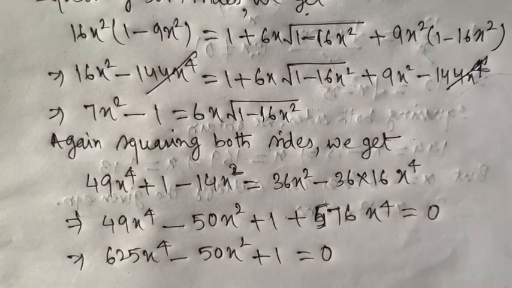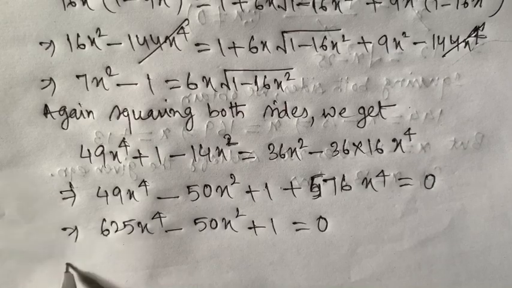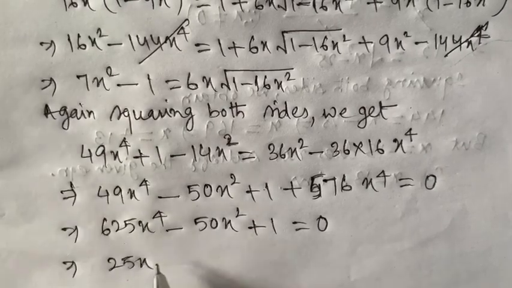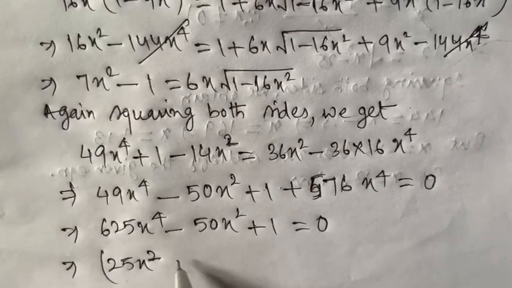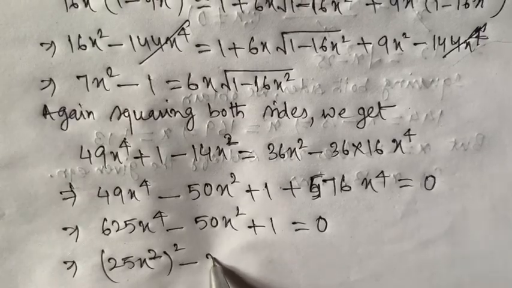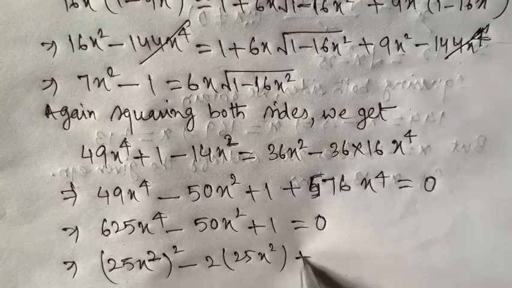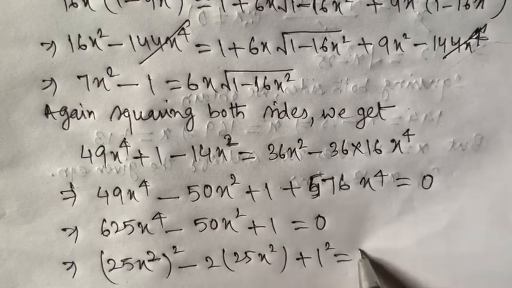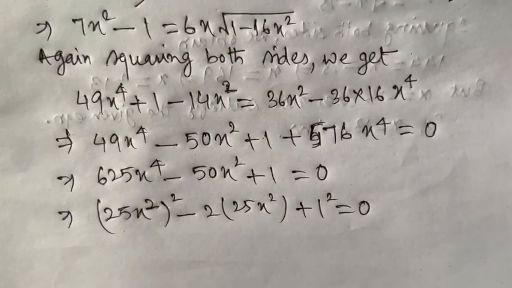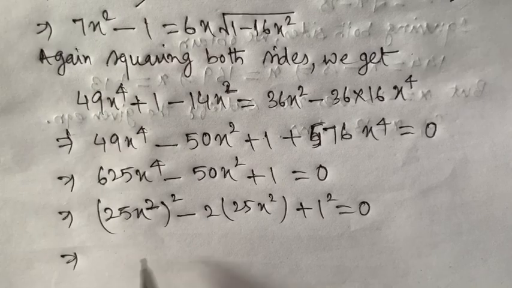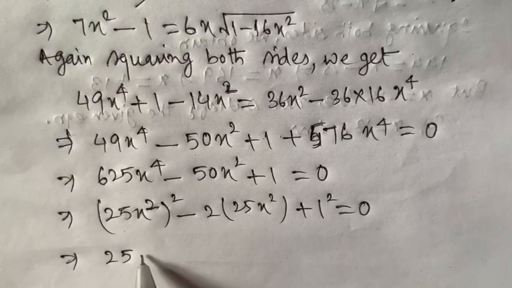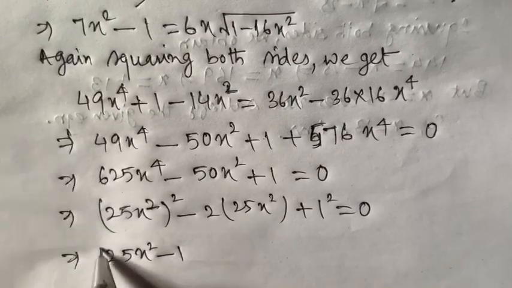It is 25x square whole square minus 2 into 25x square plus 1 square. Now it is reduced to the formula a square minus 2ab plus b square, which is a minus b whole square.